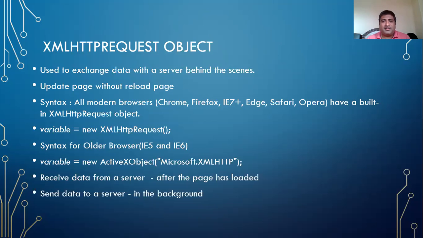If we were using an older browser like IE5 or IE6, we would create the object using ActiveXObject and pass the Microsoft.XMLHTTP value, and it will create the object variable. It will receive data from the server after the page has loaded. When the page gets loaded, we get the response from the server, and using XMLHttpRequest we can send data to the server.